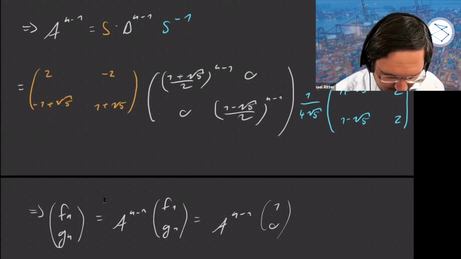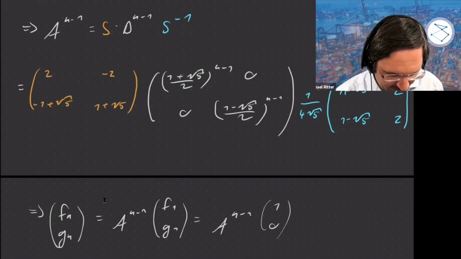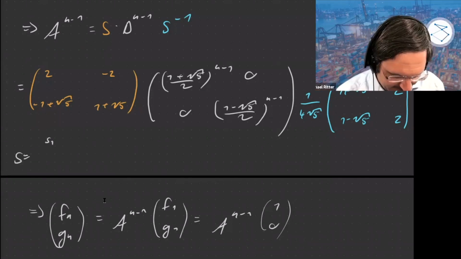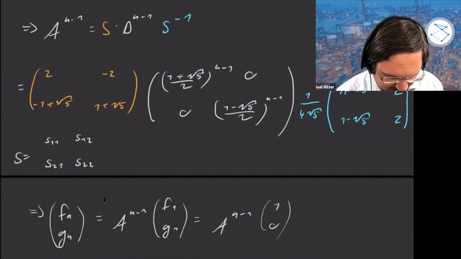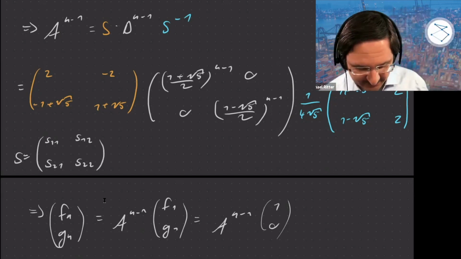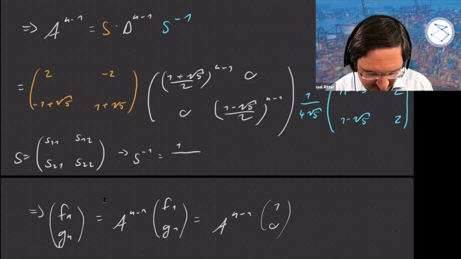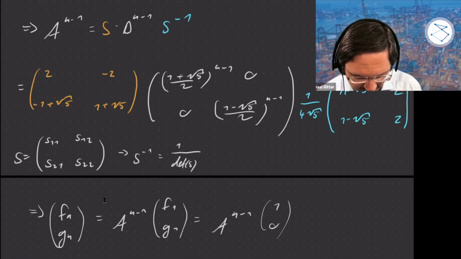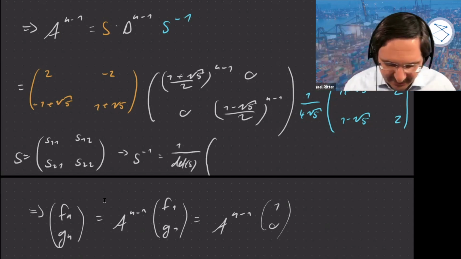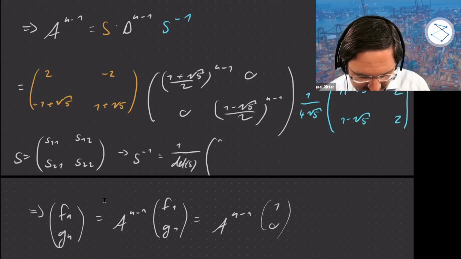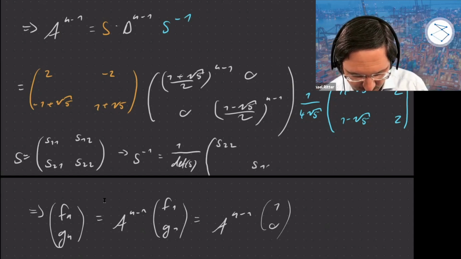So basically what I did here is, if I have a matrix, let's call it S, with entries S11, S12, S21, S22, a general 2 by 2 matrix, that's important, then I can compute the inverse as 1 over the determinant of S. Then I switch the entries on the diagonal, so I put S22 here and S11 here.